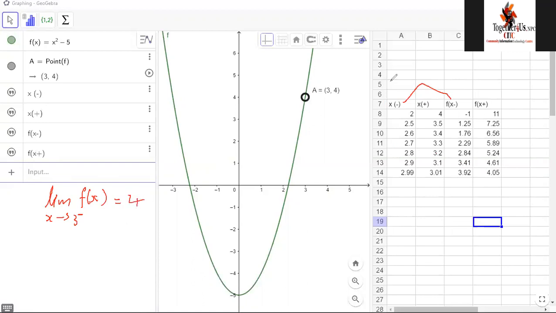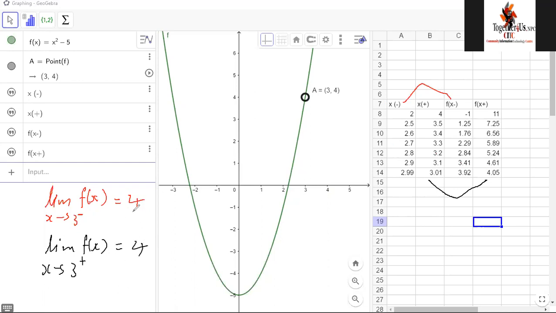Now, I can do the same thing here for this column and that column and say the limit of f of x as x approaches 3 from the right happens to be 4 also.